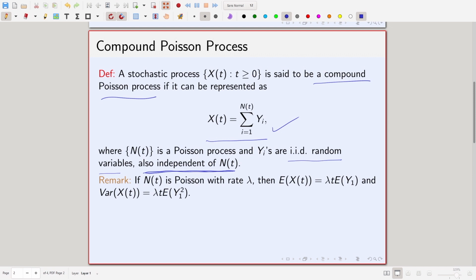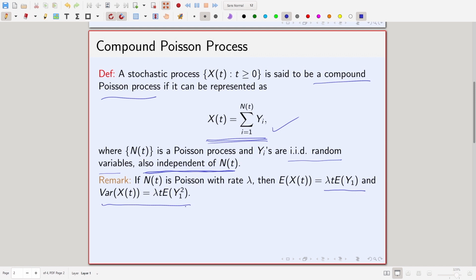Now, a remark. If N_t is Poisson with rate lambda, then the expectation of X_t, where X_t is a compound Poisson process, is given by lambda t times expectation of Y_1, and the variance of X_t is given by lambda t times expectation of Y_1 squared.